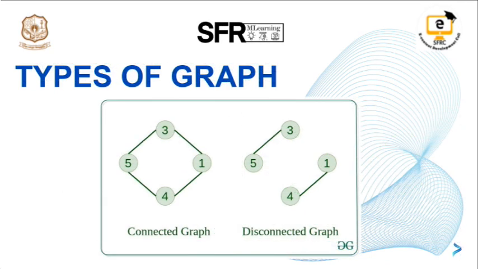The fifth type is the connected graph. A connected graph is a graph in which from one node we can visit any other node in the graph. The sixth type is the disconnected graph. In this graph, there is at least one node that is not reachable from a node.